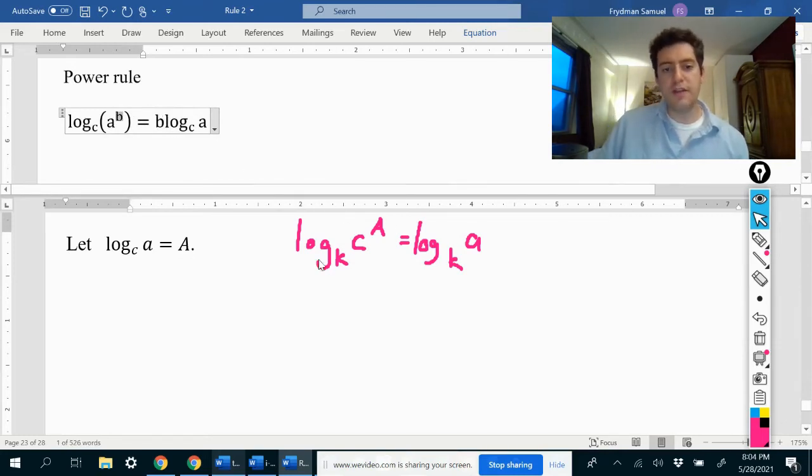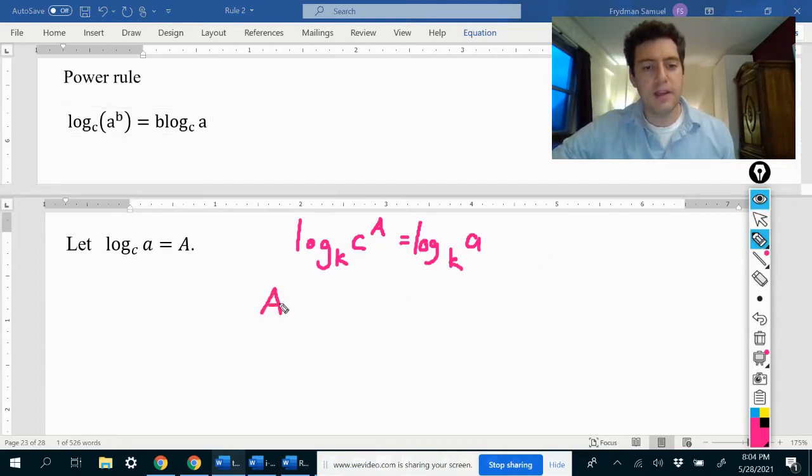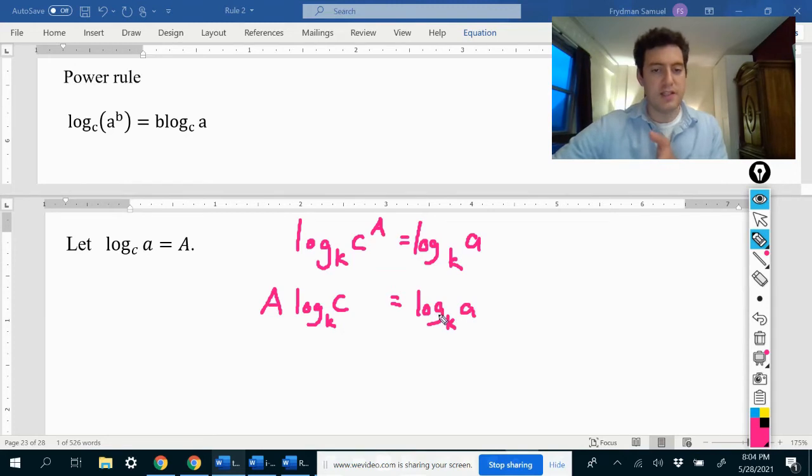So we can rewrite this as capital A times the log of C base k. We took that exponent and brought it over here as a coefficient. I didn't have to do anything to this side because I didn't actually change it. I changed the way it looked, but these two things are equal to each other, so the value is still the same. So I didn't need to do anything to the other side.